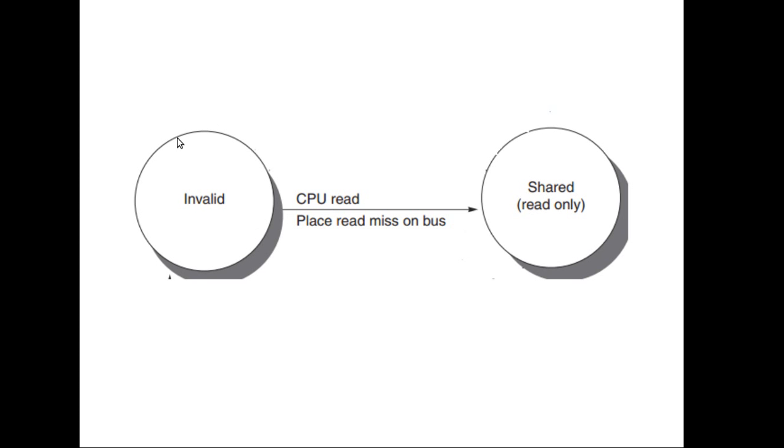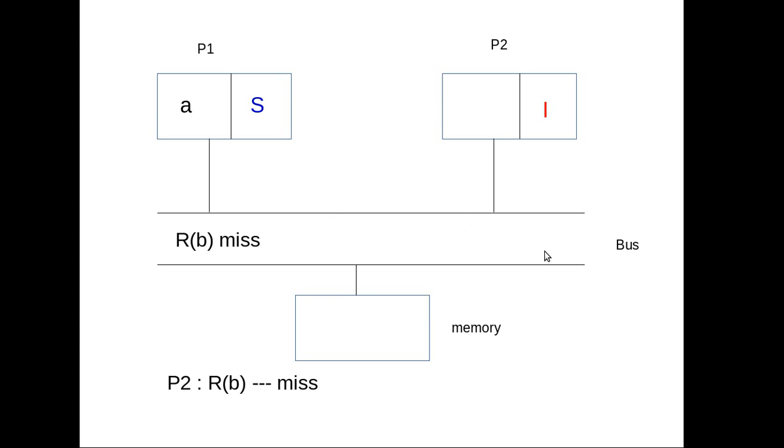So here the cache line is in invalid state. By read miss, it's moving to shared state. Next, the operation is by P2, that is read B. As P2's cache is empty, the read B is a miss.